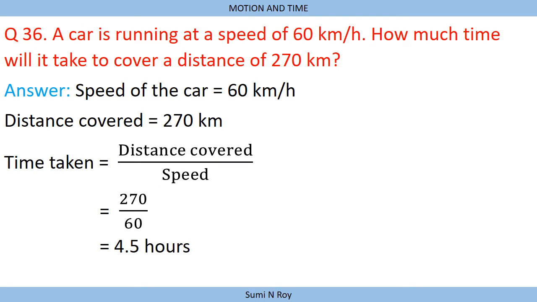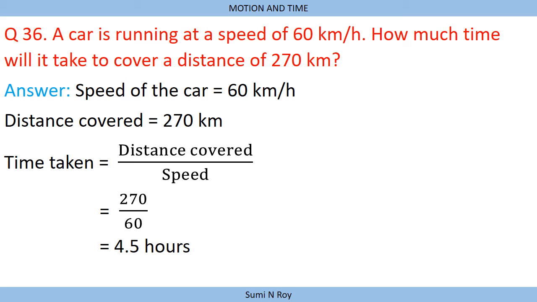Next question, a car is running at a speed of 60 km per hour. How much time will it take to cover a distance of 270 km? Firstly, whatever is given we will write. The speed is 60 km per hour. The distance covered is 270 kilometers. Now, as we know, the formula of speed is distance covered by time.